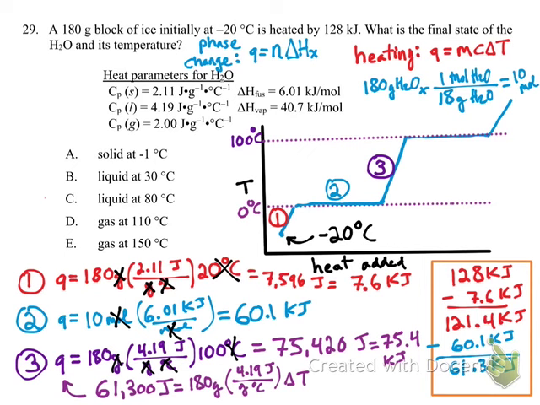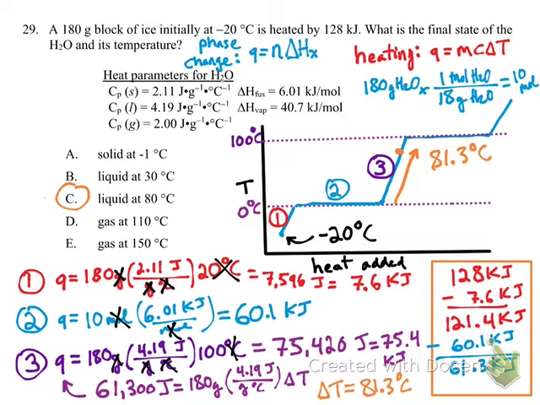So we're going to divide both sides by the 180 grams and by the 4.19 joules per gram degrees Celsius, and we'll end up getting the delta T is 81.3 degrees Celsius. So that means that this is going to heat up from 0 degrees Celsius until it gets to some point in here at 81.3 degrees Celsius. At that point, we've run out of energy in our energy bank, so it's going to be a liquid, and that liquid is going to be at around 80 degrees Celsius.